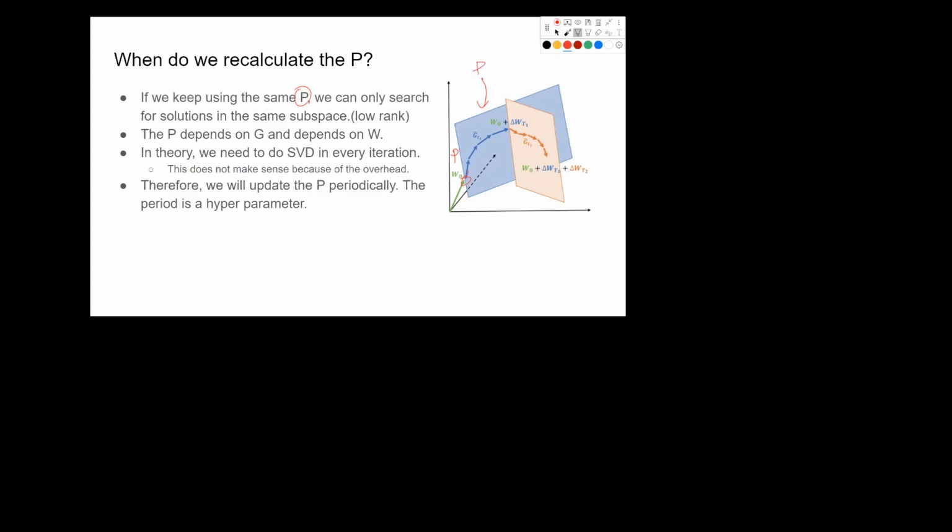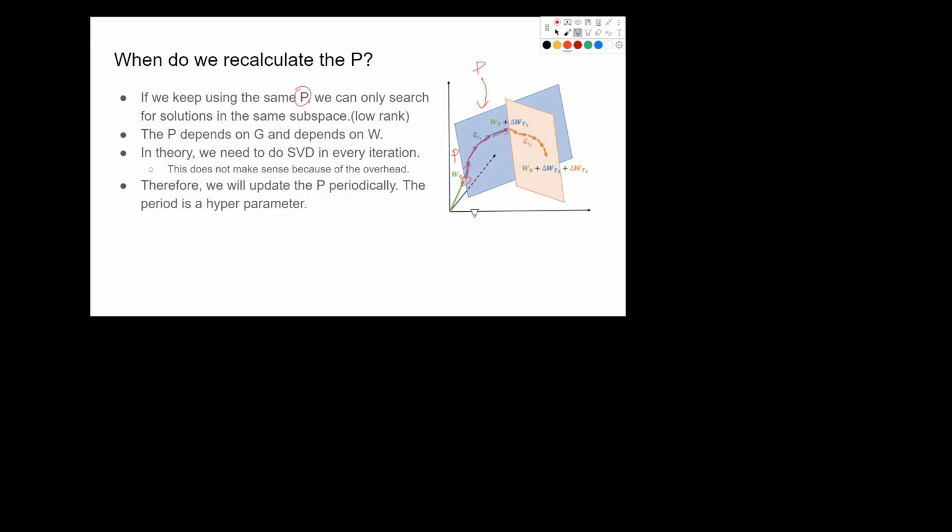So we will keep updating the weight matrix in this subspace. If we keep working in this space only, we will not be able to find the optimized solution, which might not be in the subspace.